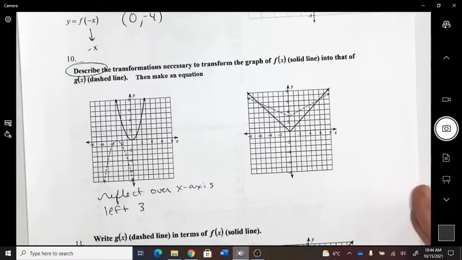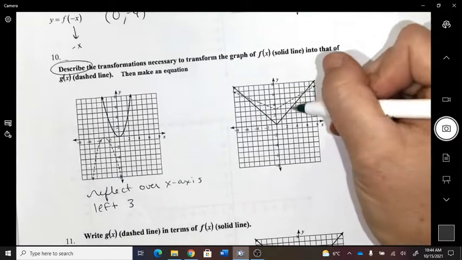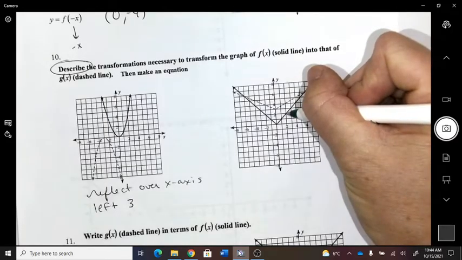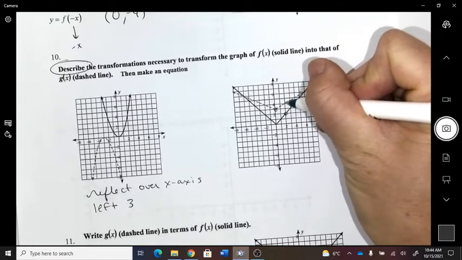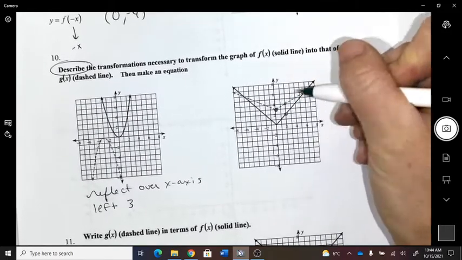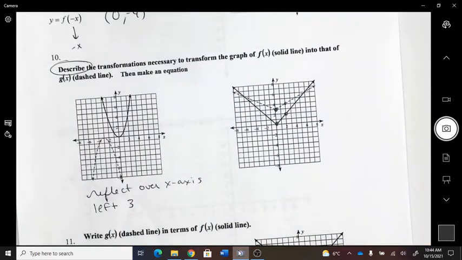Okay, solid was the starting, and then we ended up with the dashed. What happened here? Those coordinates are not the same pattern away from each other, right? What do you want to say happened?